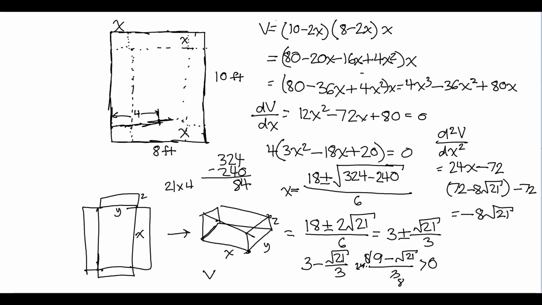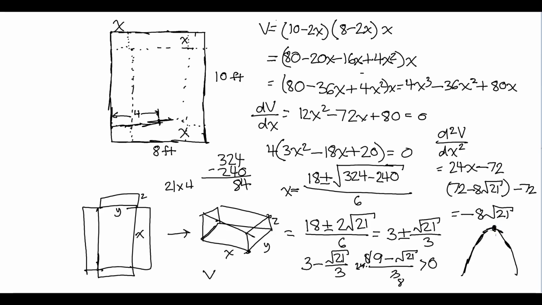Because we got 72 minus 8 root 21, we just multiplied by 24. The 3 cancels, we're multiplying by 8, and the 72's cancel. So you have a negative answer. It's concave downward, which means we have a maximum.